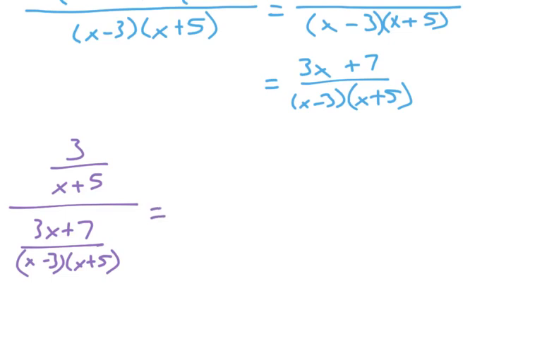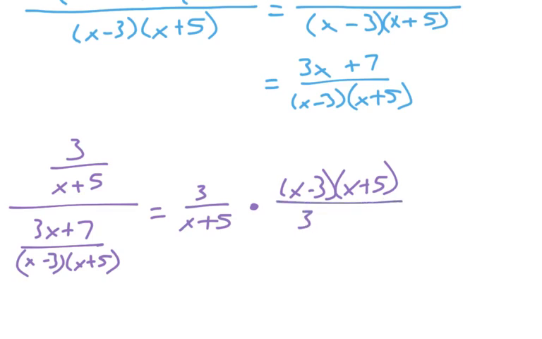Okay, so when we simplify this, remember to undo this giant fraction, we need to multiply the numerator by the reciprocal of the denominator. So this becomes 3 over x plus 5 times, and now the next fraction is going to be the reciprocal, so it's going to be x minus 3 times x plus 5 all over 3x plus 7.